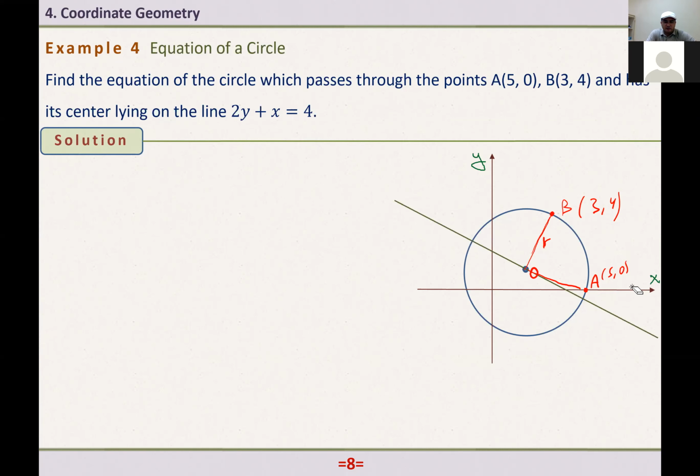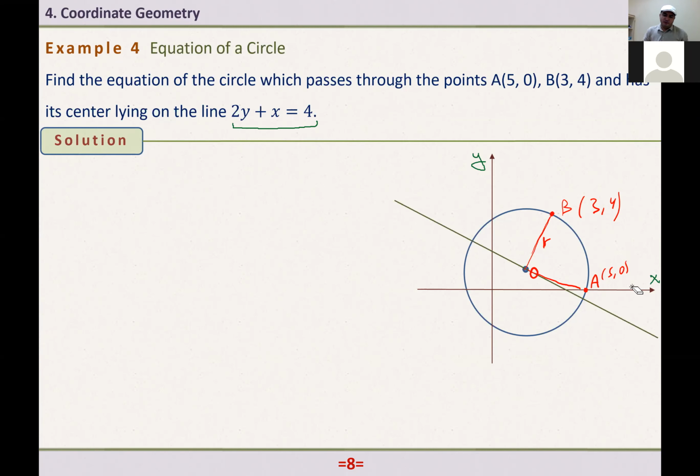How can we use this information? Not sure.